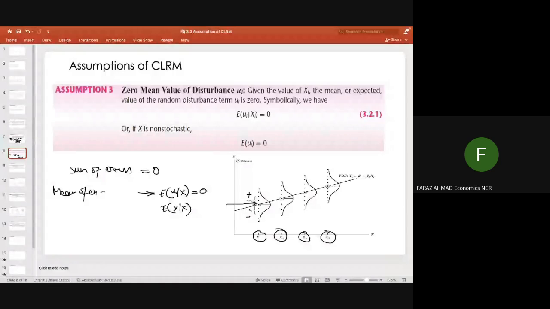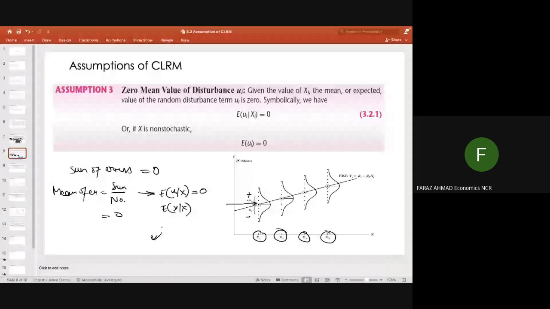So in effect, we are saying that the sum of errors is zero, so that the mean of errors, which is the sum of errors divided by the number of errors, is also going to be zero. So keep this in mind. We discussed this assumption also last time.